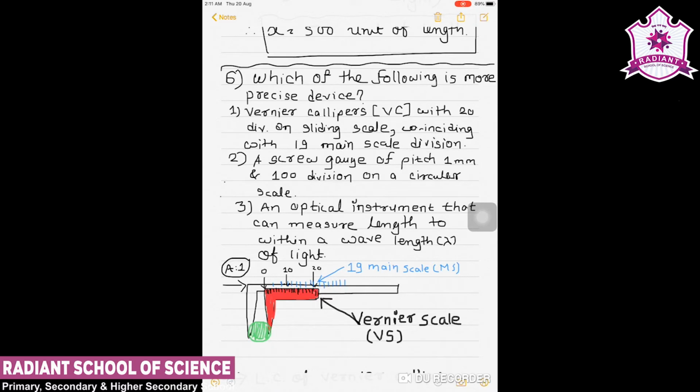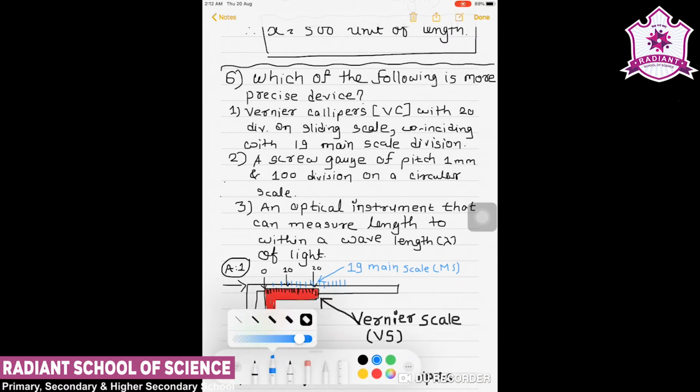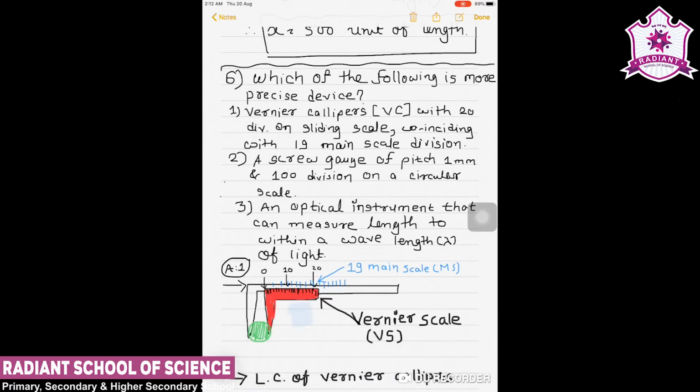As per the question, we are first given a vernier calipers with 20 divisions on it, and it has a sliding scale. Here, what I have shown in red color is the sliding scale. It is visible that this red scale is the vernier or sliding scale, which has 20 divisions on it.